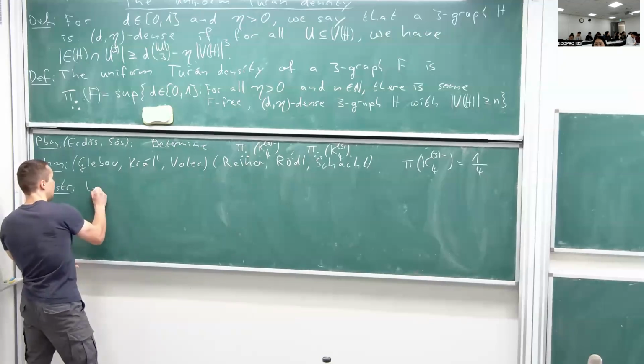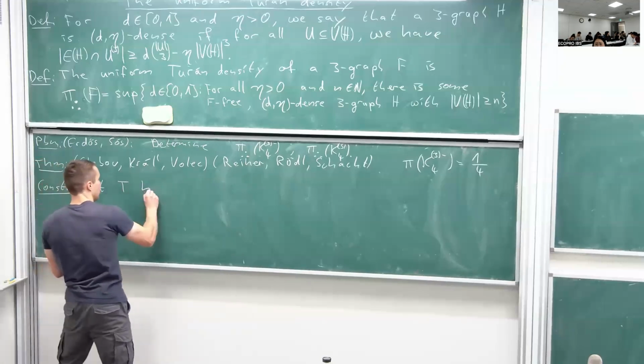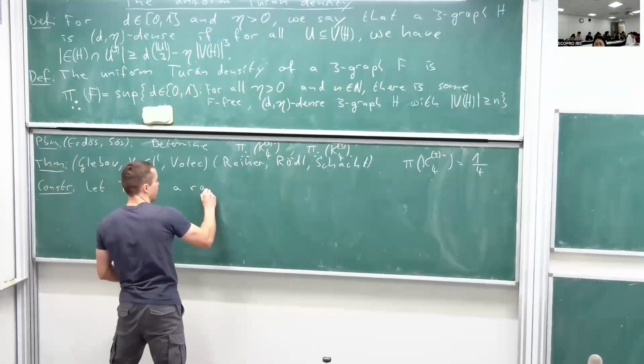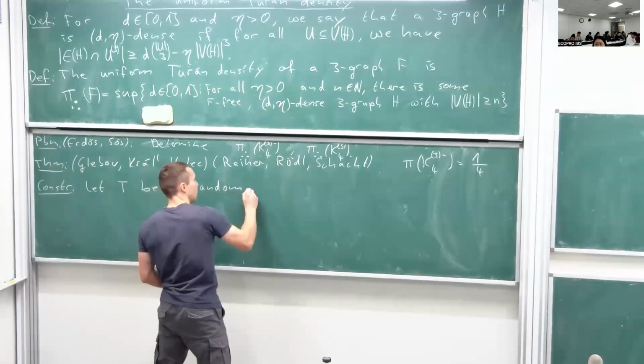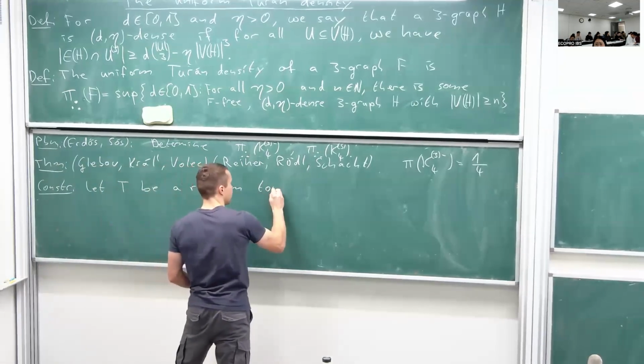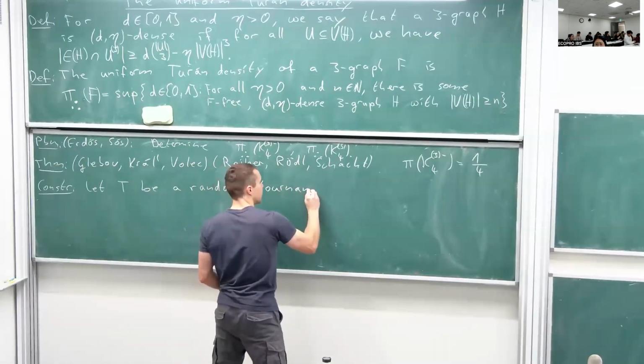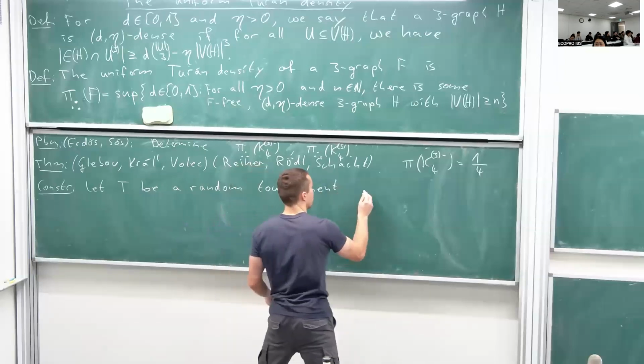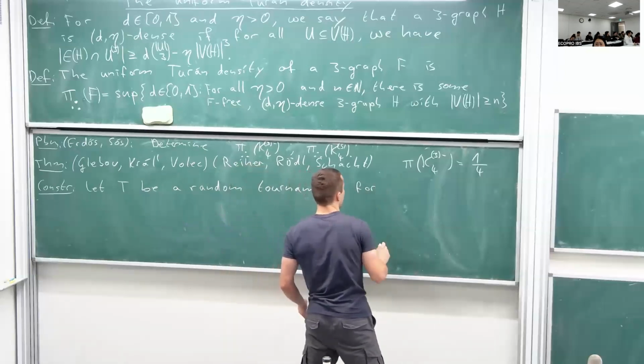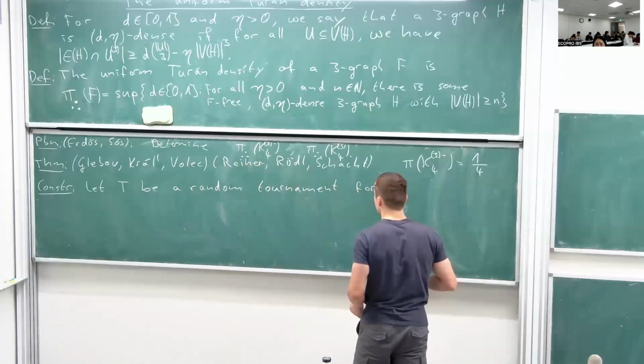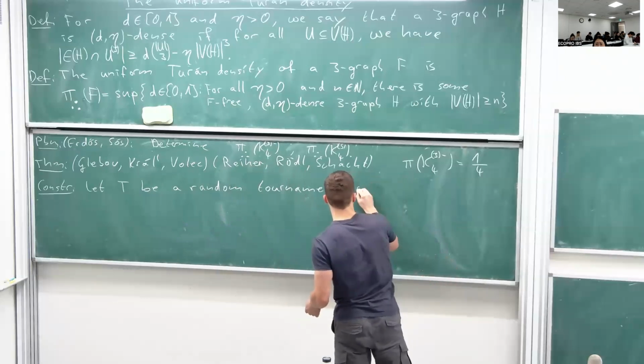So let T be the random tournament on n vertices.